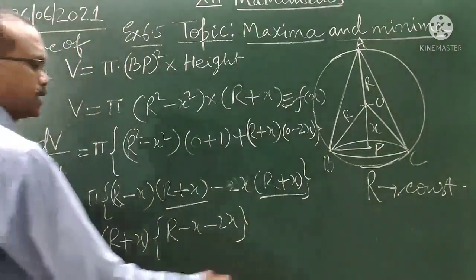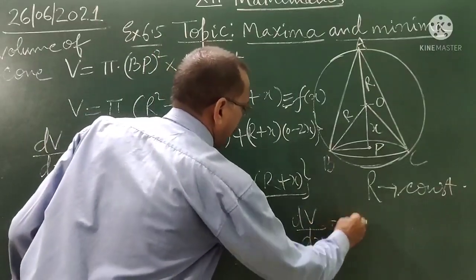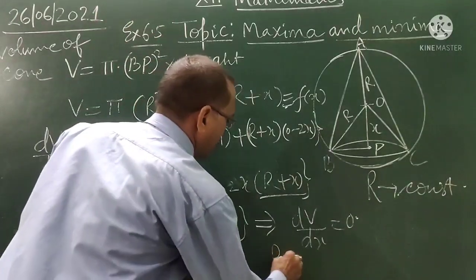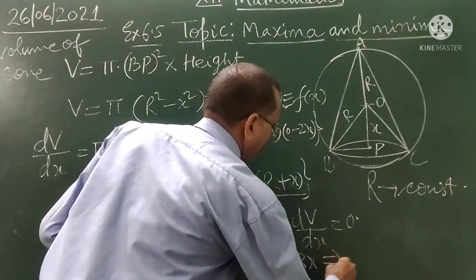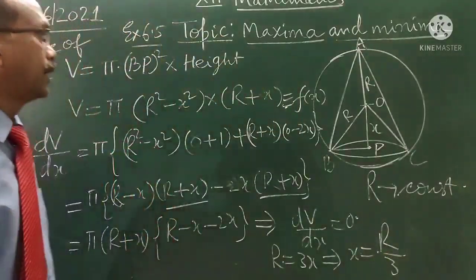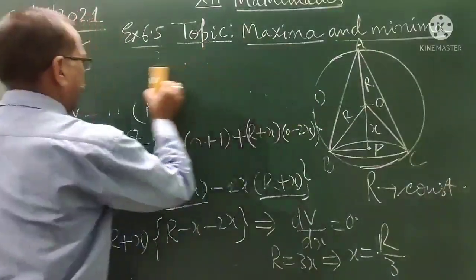From this, we will get the value of X. It is R equal to 3X, or X equal to R upon 3. X is R upon 3.